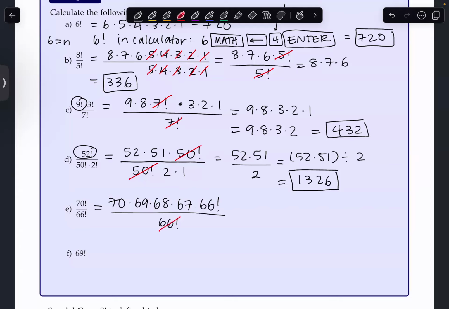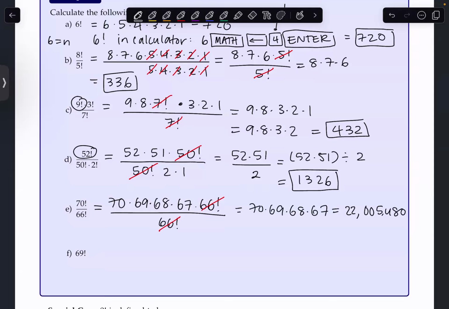So I can cancel these pieces out, and I'll get 70 times 69 times 68 times 67, which will give me a very big number, 22,005,480.